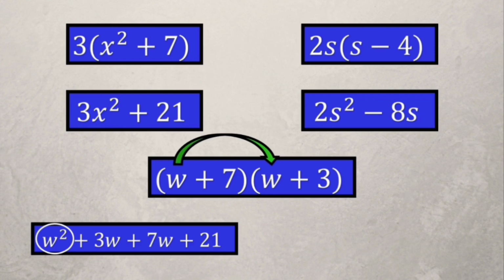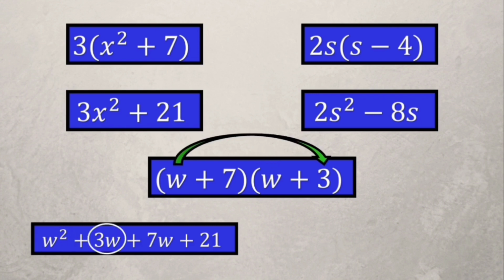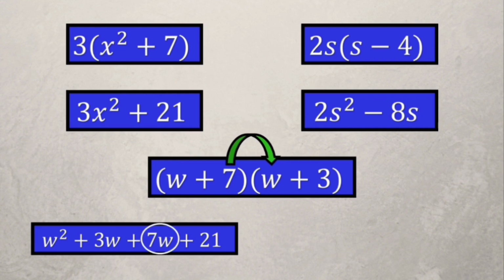And then, multiply the outer terms of the two binomials, which are w multiplied by 3, and that is 3w. And then, multiply the inner terms of the binomials. We have 7 multiplied by w, which is 7w. And for the last, we're going to multiply the last terms of the two binomials. That is 7 multiplied by 3, which is 21.